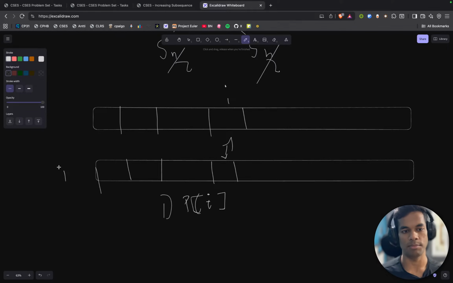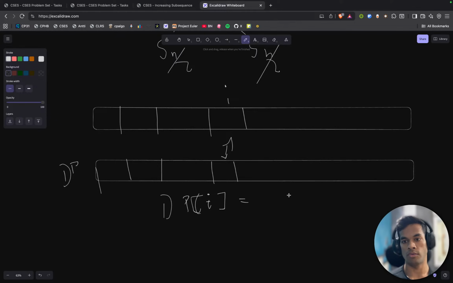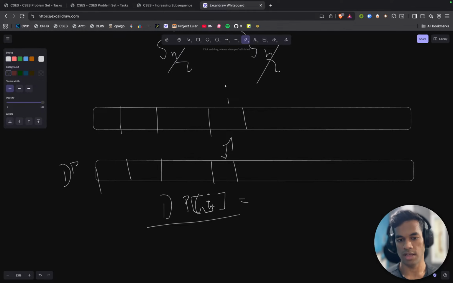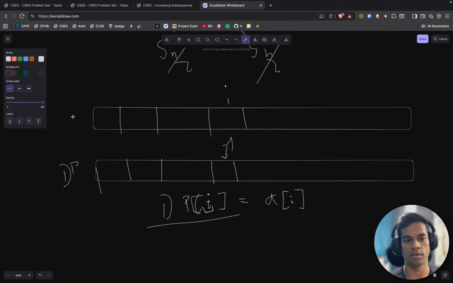Let's call this table dp. dp i should be equal to the number of increasing subsequences which have this ith number a i at the last. This is a vector a.